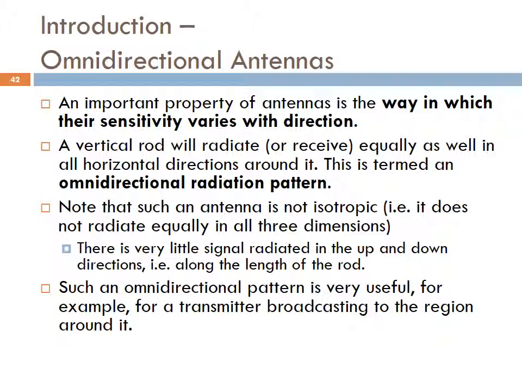Do not confuse isotropic and omnidirectional antennas. Isotropic antennas radiate equally in all three dimensions, and omnidirectional antennas transmit, radiate or receive equally in all horizontal directions only.